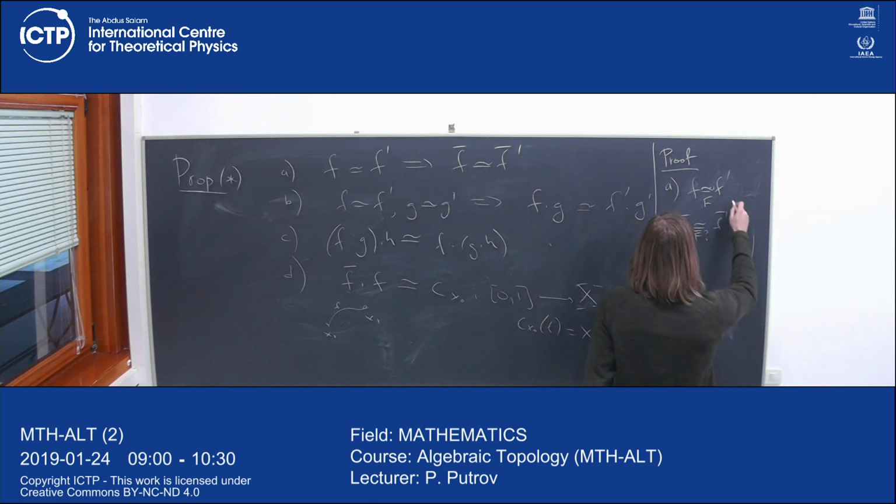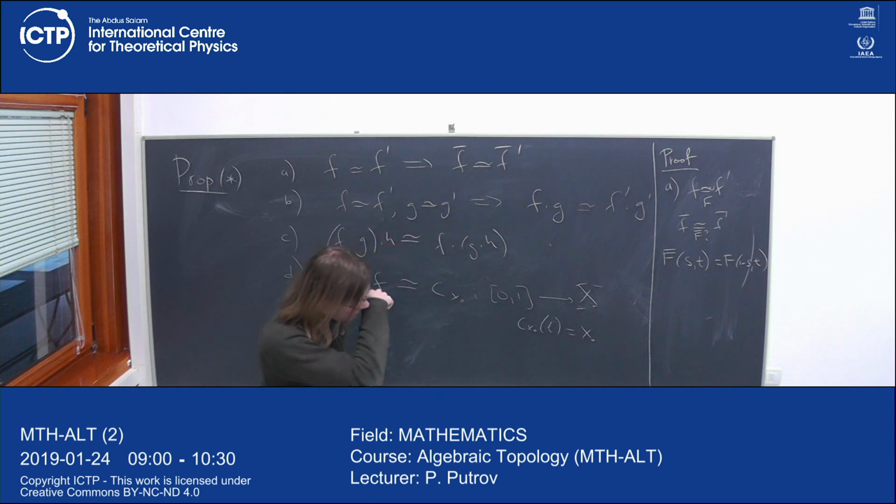Of course, one can take F bar of s and t to be F of 1 minus s and t.